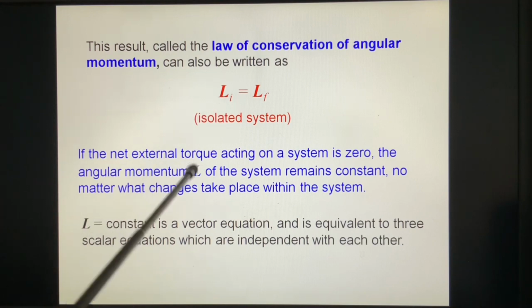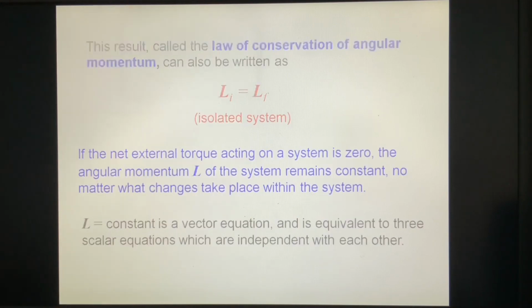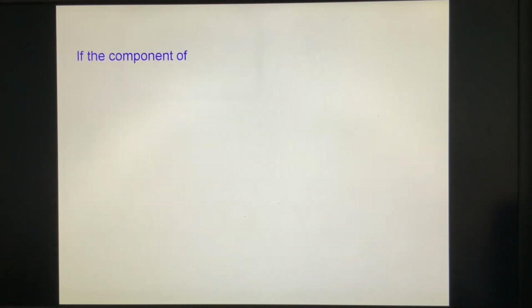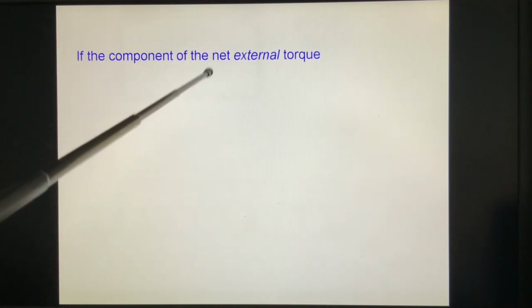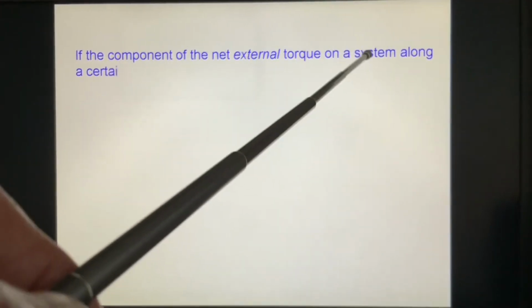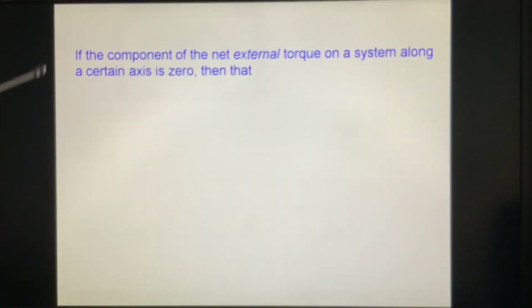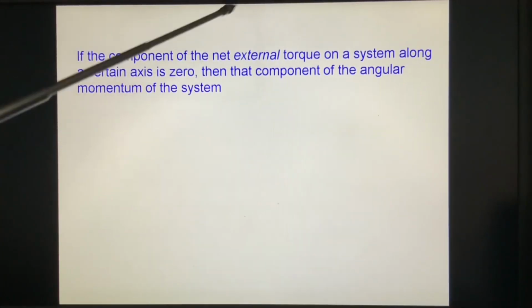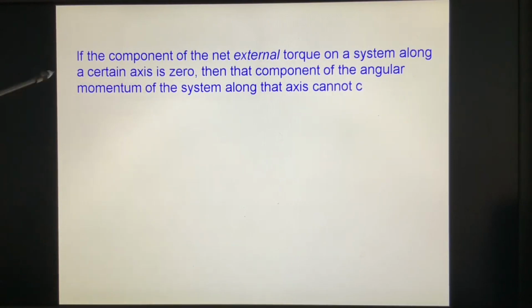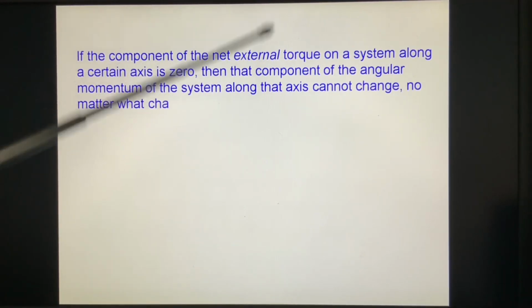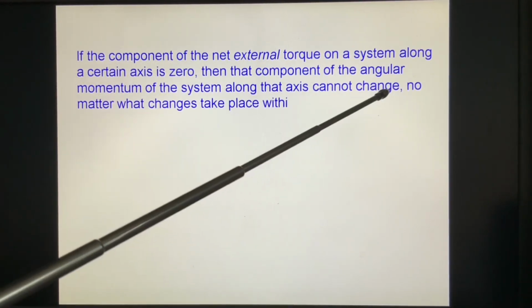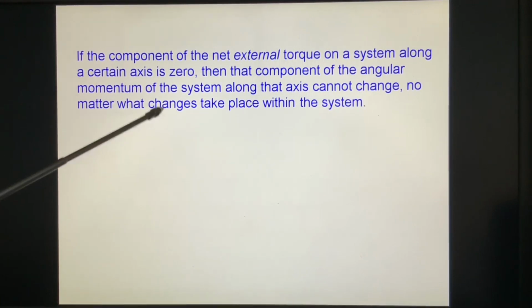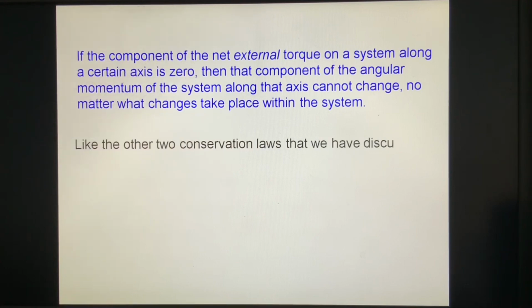They are independent of each other. If the component of the net external torque on the system along a certain axis is zero, then that component of the angular momentum of the system along that axis cannot change, no matter what changes take place within the system. These are three independent components.